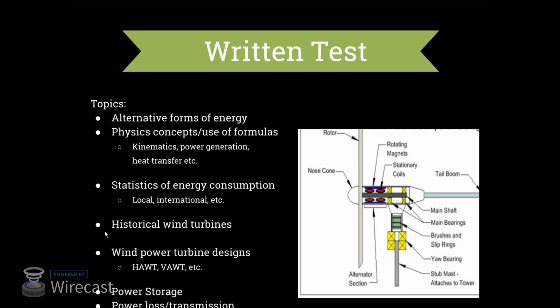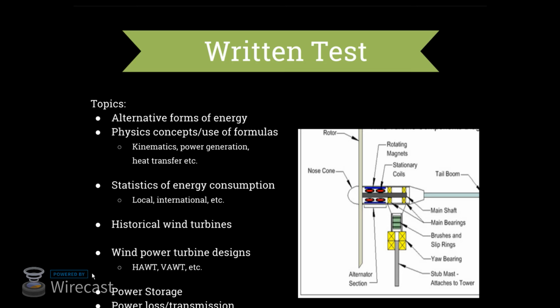And also there's the history of wind turbines in general, so a question could ask, who created the first wind turbine? Which would be a very specific question, but of course with your binder you should be able to find that.